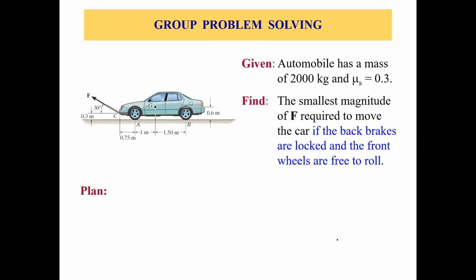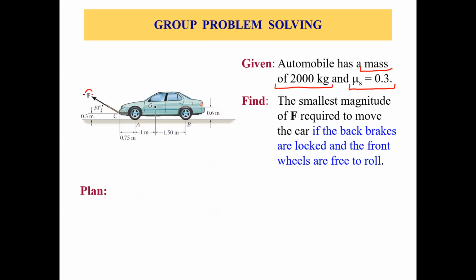A car has a mass of 2000 kilogram and mu s equals 0.3. Mu s, we all know, is the coefficient of static friction. So this mu s is given, and the mass is given as 2000 kilogram. What we need to find is the smallest magnitude of force F required to move the car.